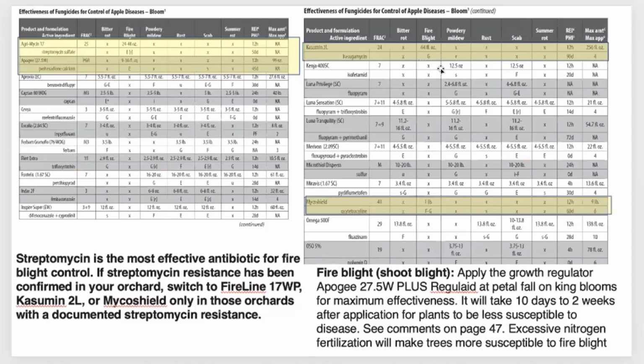Should you go out and use Kasumin anyway? Well, it's about 6 times more expensive than strep, so not unless you need to, in my book. Some people recommend using MicaShield and rotating MicaShield and streptomycin. This is an oxytetracycline, an OTC. That's possible. It would take the pressure off strep.